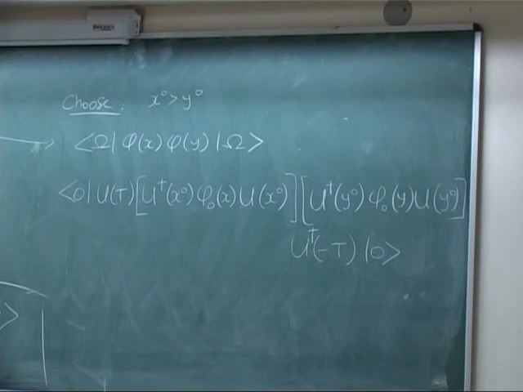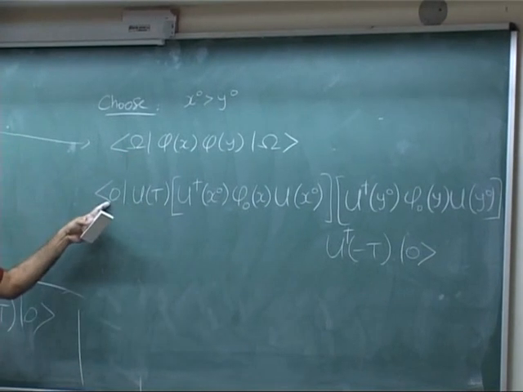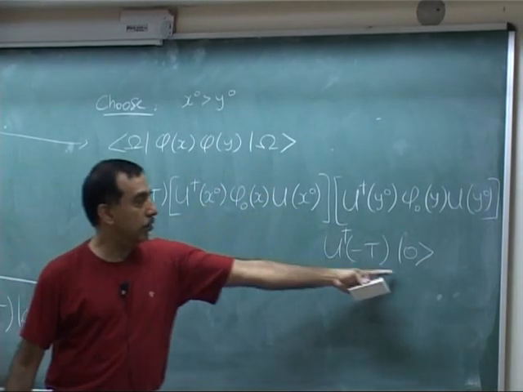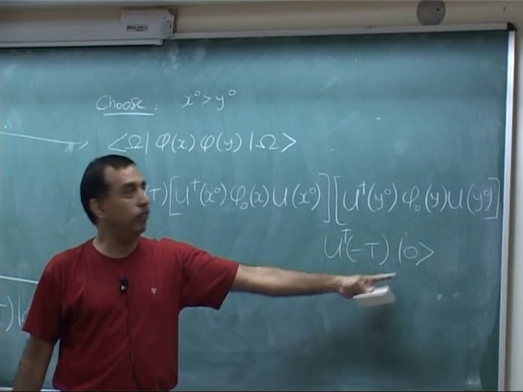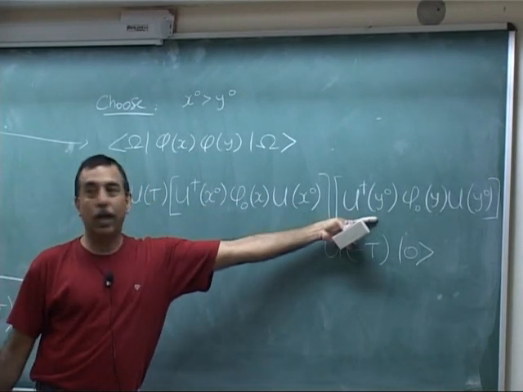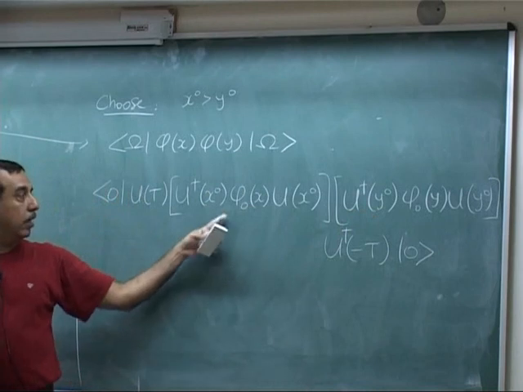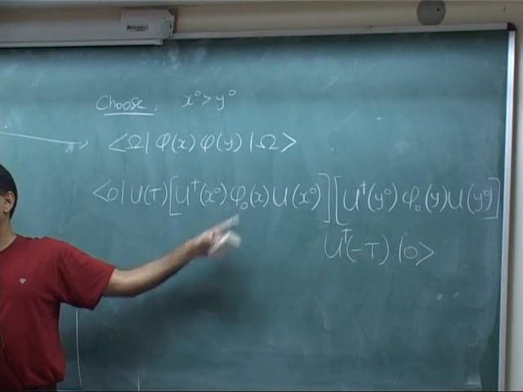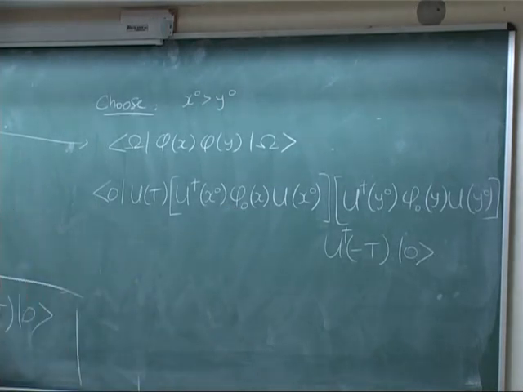So now you can see that we have inserted all our knowledge. Our knowledge of omega as something which is evolved from the free vacuum, this omega as something similarly evolved from this free vacuum, and each of the phi's as being evolved from the interaction picture phi, which is a non-interacting, or which is a free field, phi naught. And the operator which does this job in every case is U. So the whole thing is made up of U's.